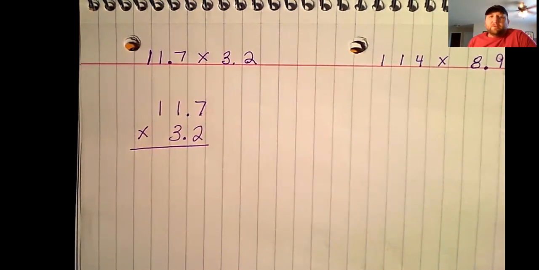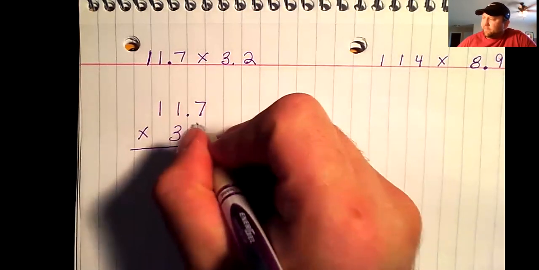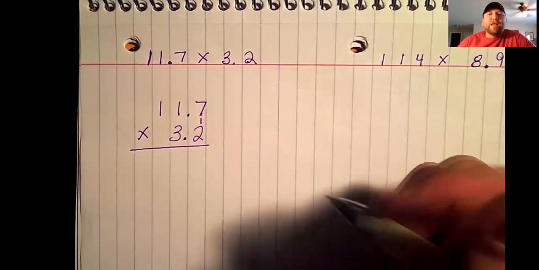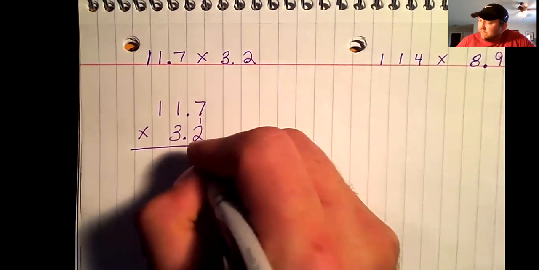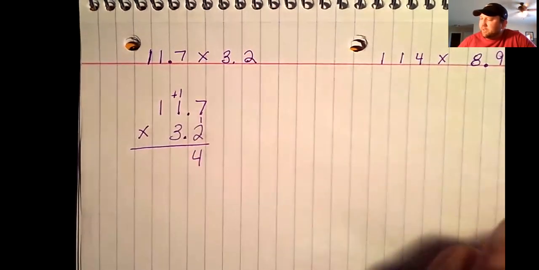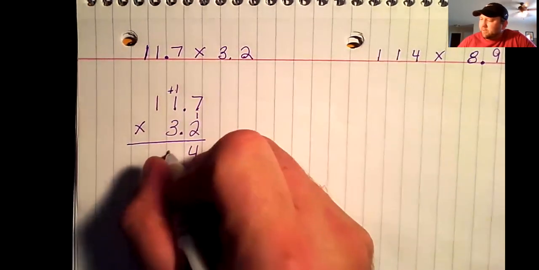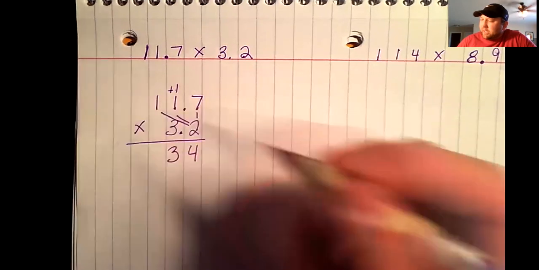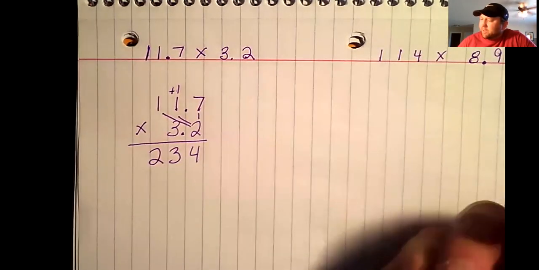Now, it's the same as what we did the other days. So we have 7 times 2, which is 14. Carry my 1. 2 times 1 is 2, plus 1 is 3. And then we got 2 times 1 again, which is 2.